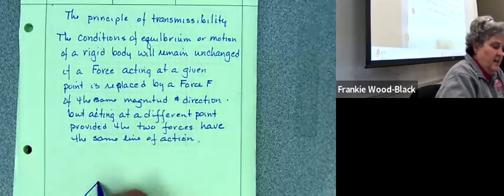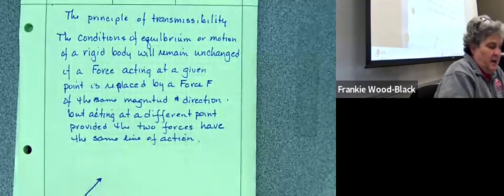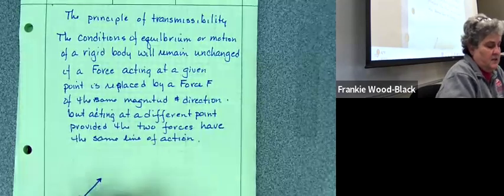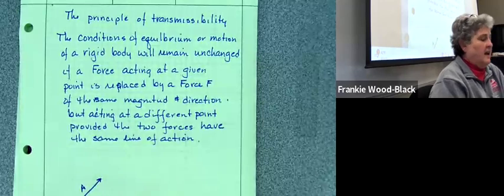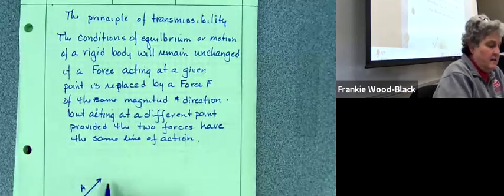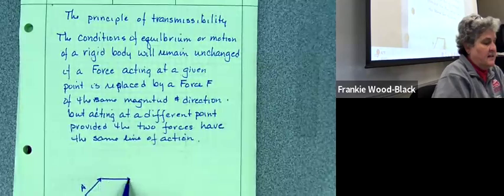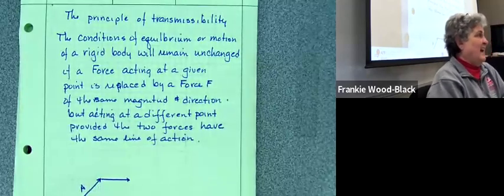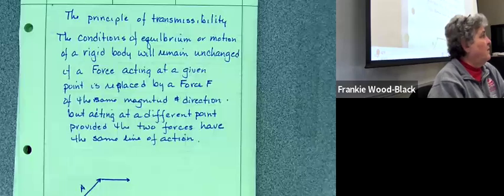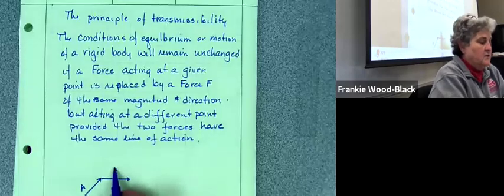This is our vector A. We had our vector B. There's our vector B. So this is A and this is B. What this is saying is I can move B up here. I can slide it up so that I can add head to tail. And my answer is going to be the same. The resultant force of those two vectors is going to be the same.